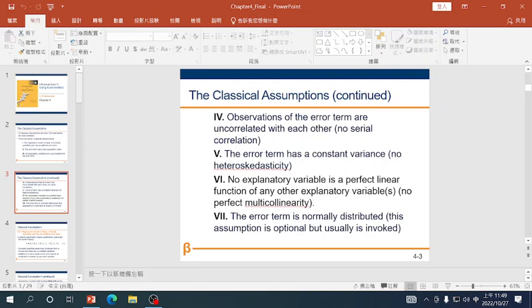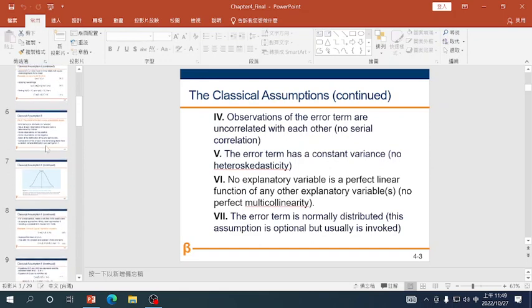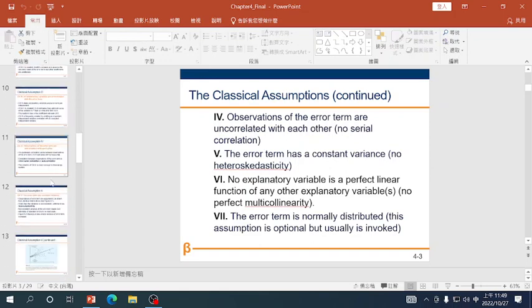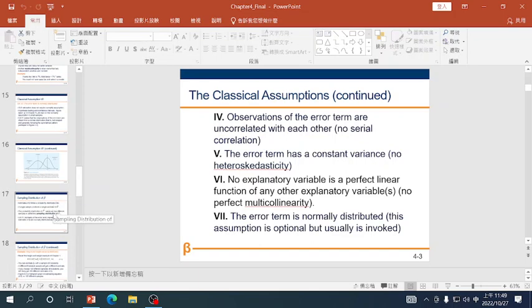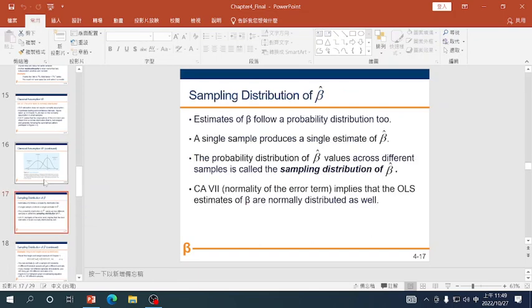the normal distribution is for hypothesis testing. Okay, so with these 7 assumptions, we need to know the sampling distribution of the beta hat.